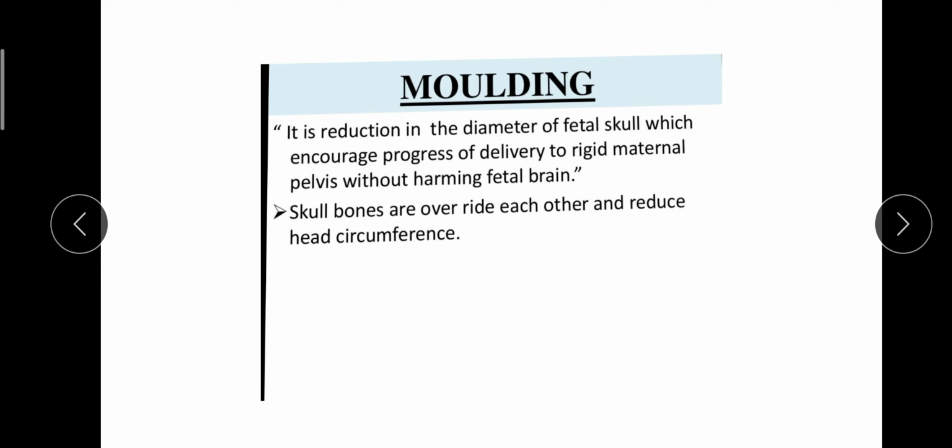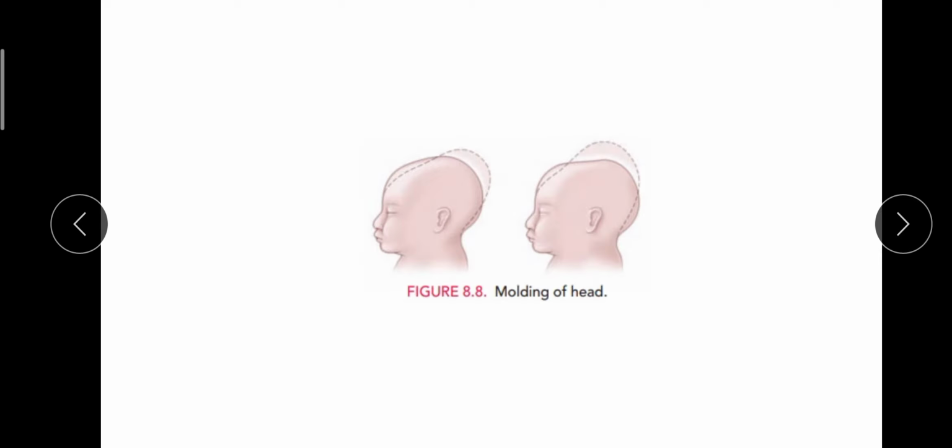The skull bones override each other and reduce the head circumference, so it is easier for delivery through the vagina. That procedure is called molding, and the head automatically comes back to normal shape a few days after the delivery.